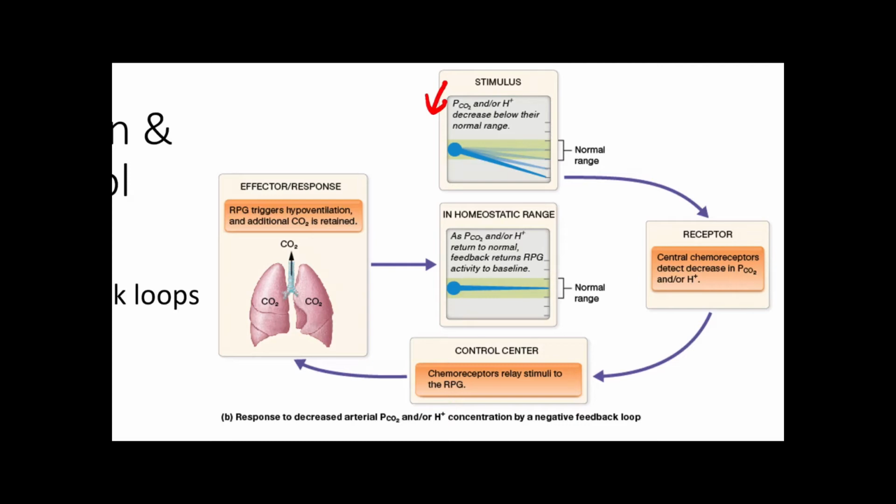So the chemoreceptors detect those lowering levels of CO2 and then activate the respiratory centers in the medulla and the pons to, instead of increasing respiration, instead decrease respiration or cause hypoventilation.